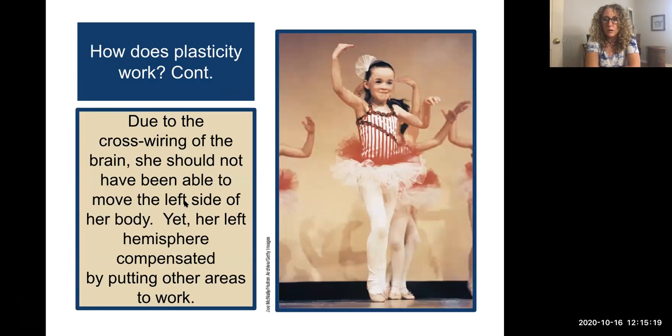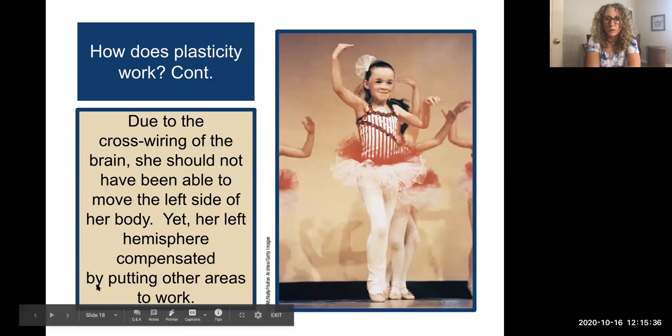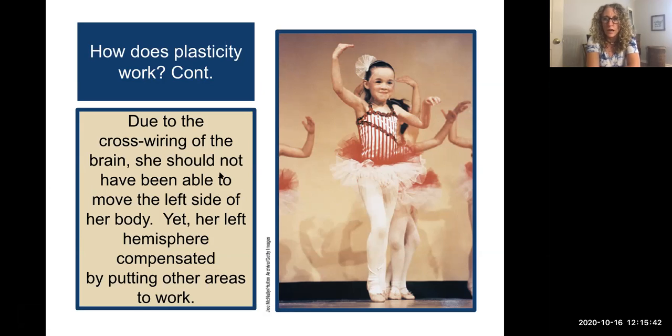And miraculously enough, the left side seemed to take over some of the right hemisphere's functions. It allowed her to still be able to move, and so we just know that the cross-wiring, especially because she was younger, was able to regenerate and take over and help out where the areas had been removed.